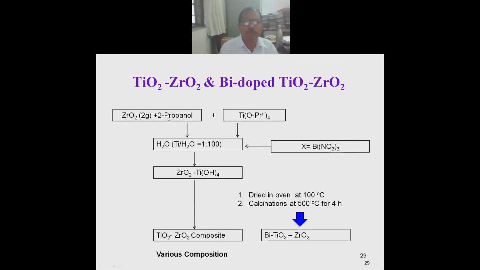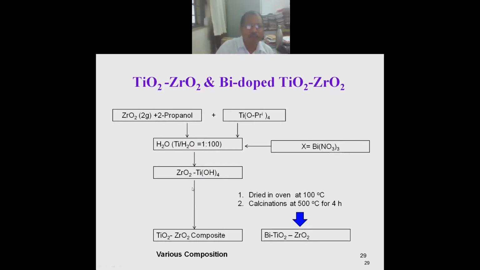ZrO2 is taken in propanol. Again, titanium isopropoxide is added along with water, and this forms a ZrO2 TiO2 hydroxide. On calcination, this gives a composite. In order to get the bismuth doped TiO2, at this stage there is an addition of a solution of bismuth nitrate. 1 atomic percent of bismuth nitrate is added, and one can get the bismuth doped TiO2.